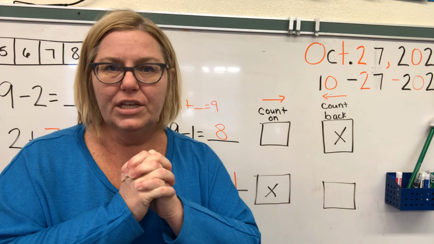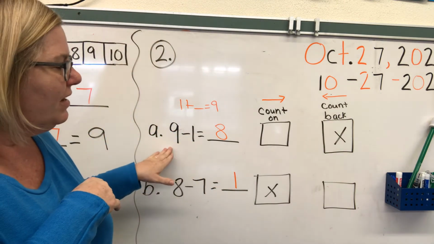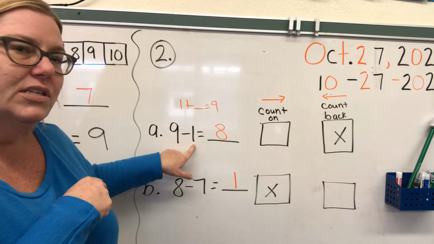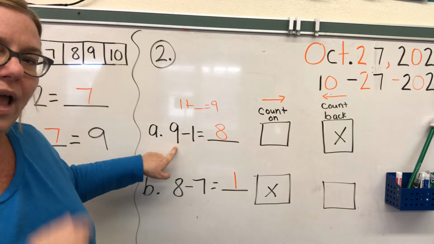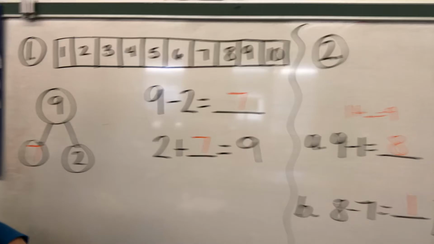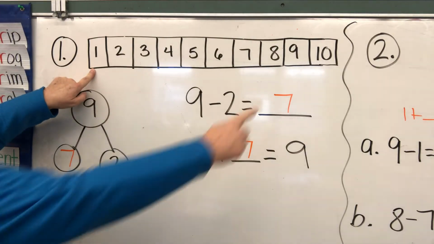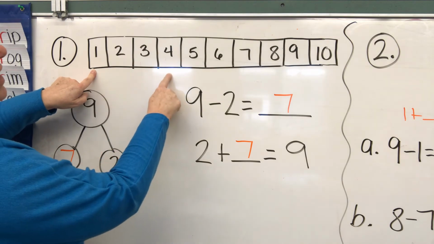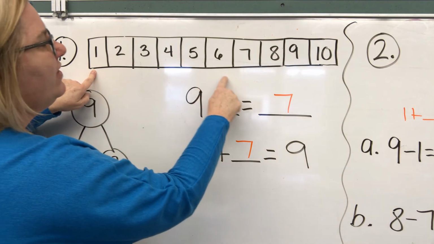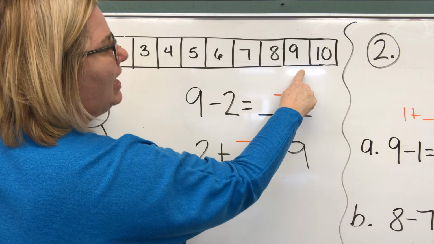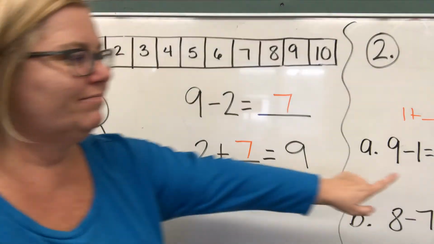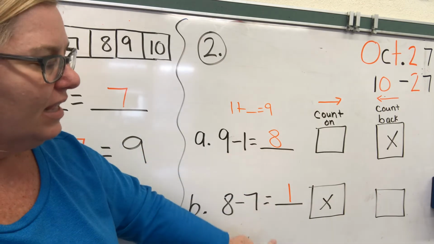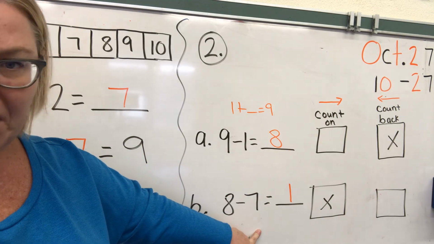And let me prove it to you. So instead of 9 minus 1 counting back, I'm going to count on. That means I would have to start with my small number 1 and count to 9. Ready? 1, and I'm going to stop here. 1 hop, 2, 3, 4, 5, 6, 7, 8. 8 hops. Is that what I had? That's what I had. And this time, I'm going to count back.